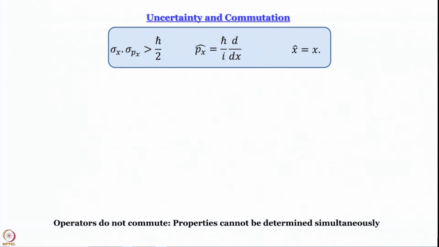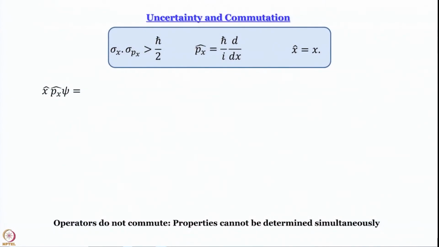You make px operate first on a wave function, you get another function, make x operate on it, you get some value. Then invert the sequence of operation. If you get the same quantity, then x hat px hat minus px hat x hat would be equal to 0, which means the commutator is equal to 0. We will see it right now.